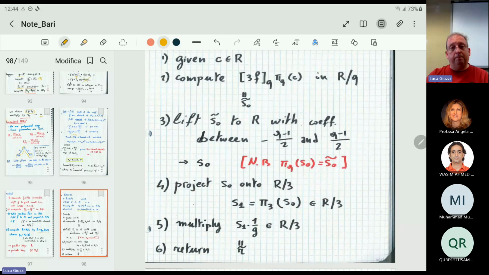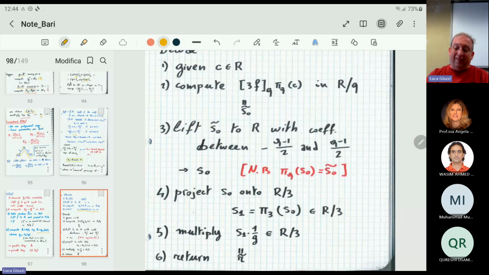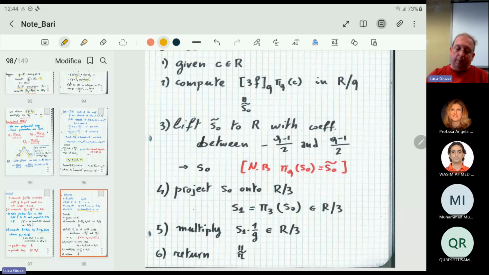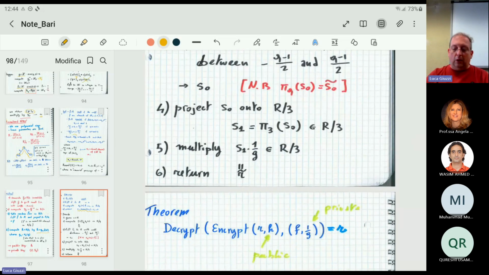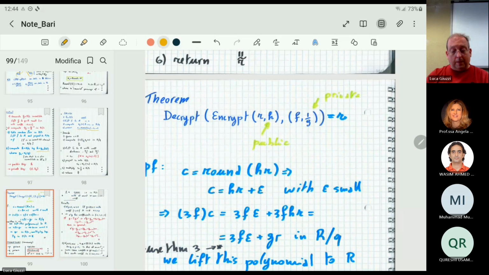The decoding works in a similar way as before. So we work modulo q here, then we lift what we have to over the integers, and then we project everything over the trinary polynomial. And this ultimately gives us the decryption of the text.